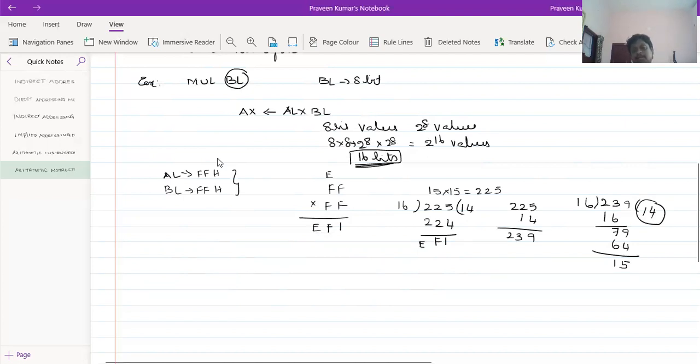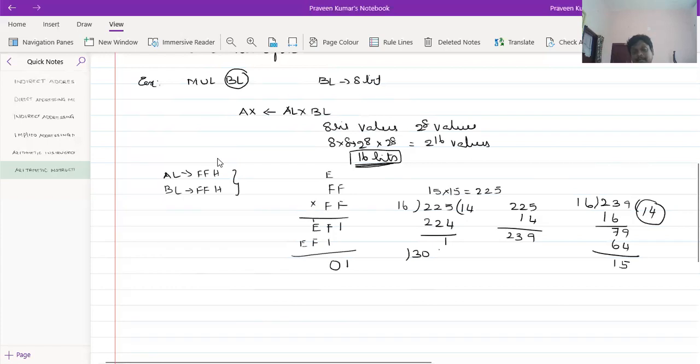So now FF into F again, the same value will be there if I multiply again with F. So it is E, F, 1. F plus 1, 15 plus 1 will be 0 with a carry, because it will be 10, so it will be 1. Then 15 plus 15 will be 30.